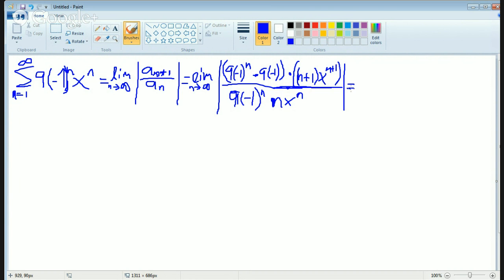So, what I wrote at the right is n plus 1 times x to the n plus 1 power. And that's all over 9 times negative 1 to the power of n, and that's times n times x to the power of n.